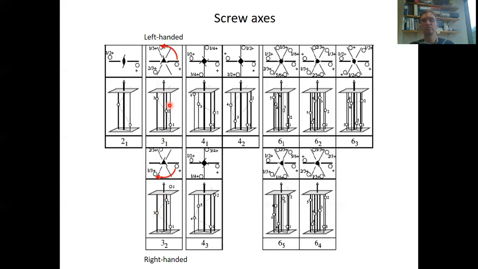So enantiomorphism is the counterpart of enantiomeric isomerism in molecular chemistry. Like you can have 2 enantiomeric molecules, you can also have 2 crystals that are enantiomers to each other. And that phenomenon occurs when you have chiral screw axes present in your crystal.